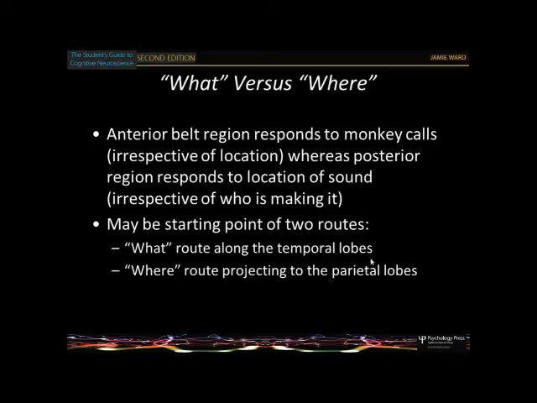The what route is involved in detecting what kind of sound it is. In the case of speech, what is the word that's being said, but also who the speaker is, what kind of instrument it is, this sort of thing. The where route is more to do with detecting where different sound sources are coming from, so you can act on them and so on.